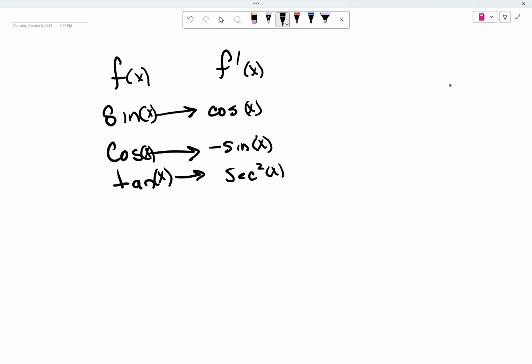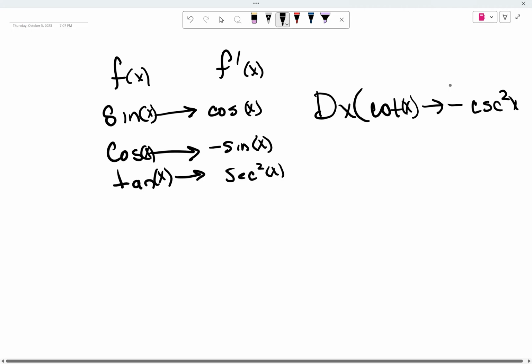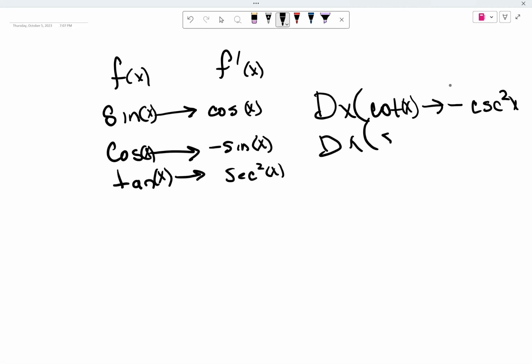If I said to you, I have the derivative of cotangent x, that derivative is the negative cosecant squared x. If I'm looking at the derivative of secant x, do you remember what these look like? It'll ring a bell once you see them.